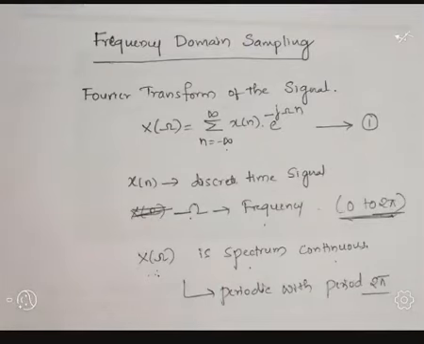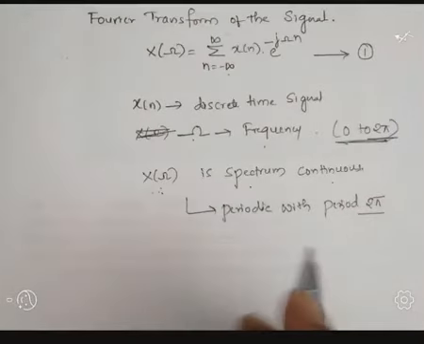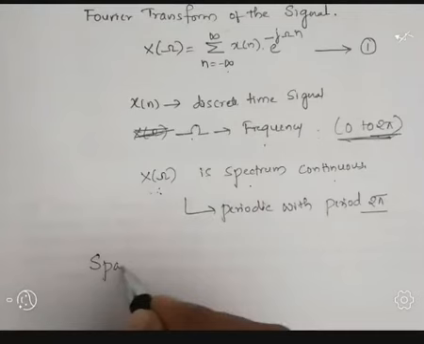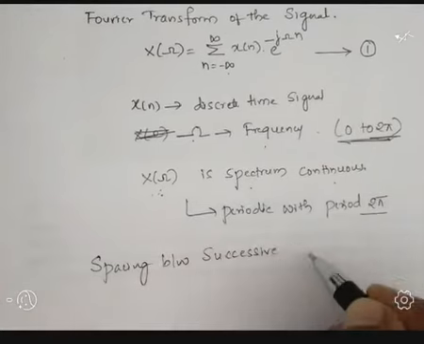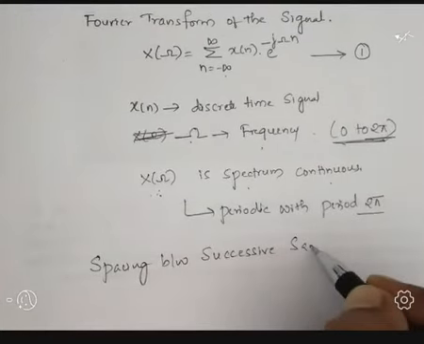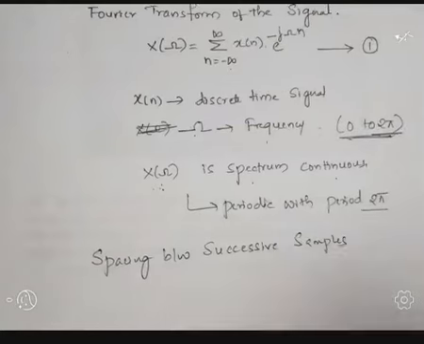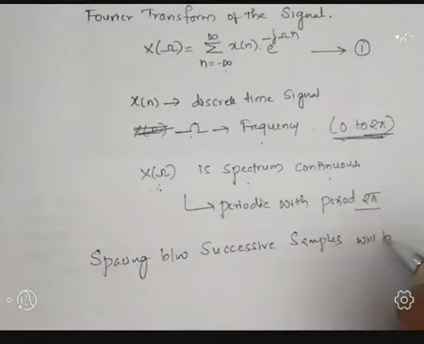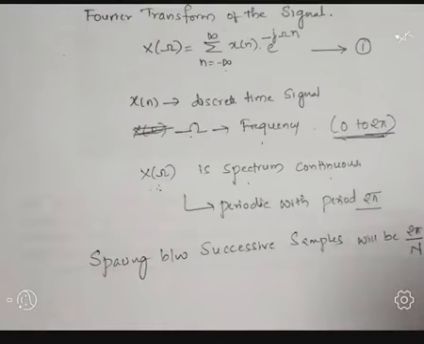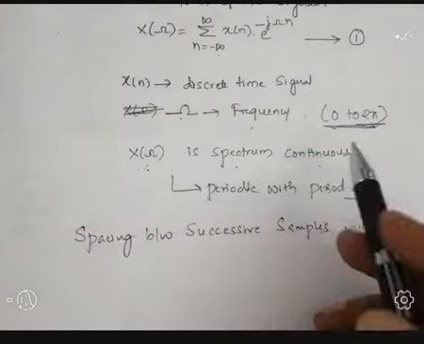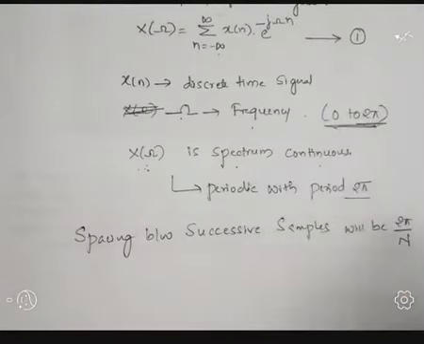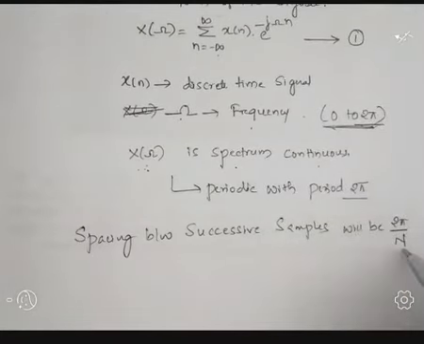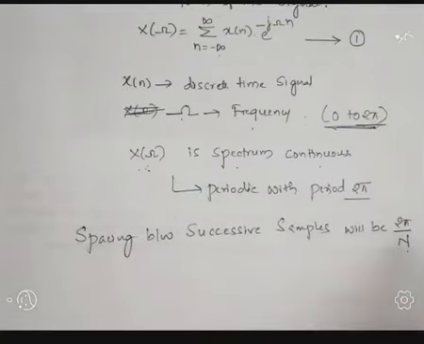Hence, the spacing between successive samples will be 2 pi by N. It means if I divide the spectrum 0 to 2 pi into N samples, the distance between successive samples becomes 2 pi by N.